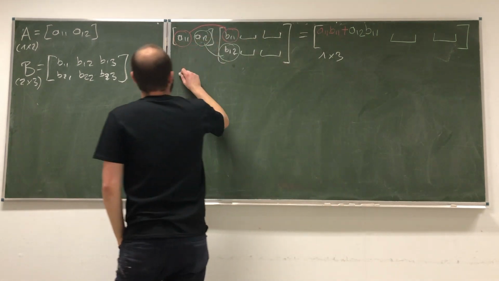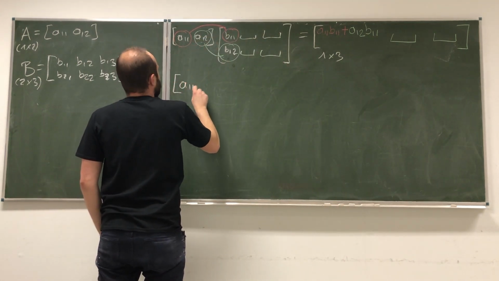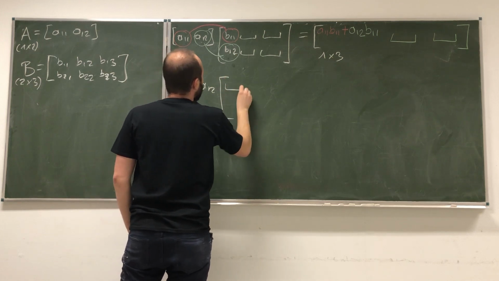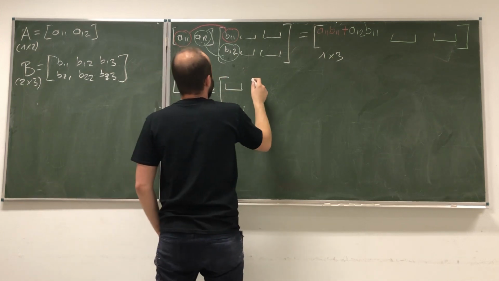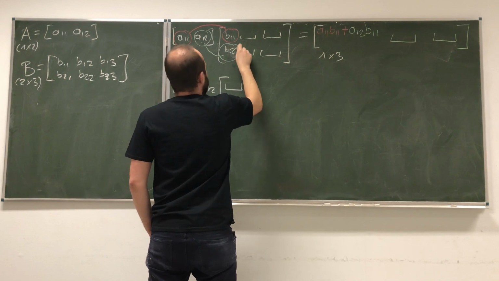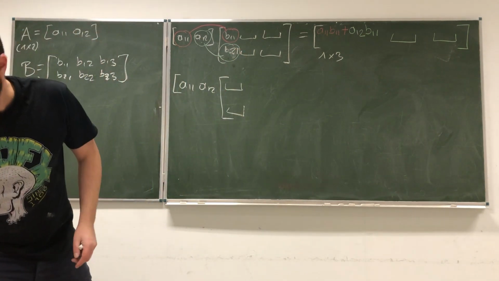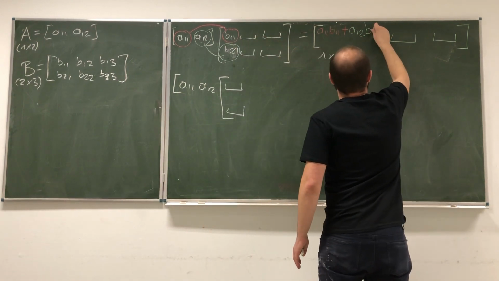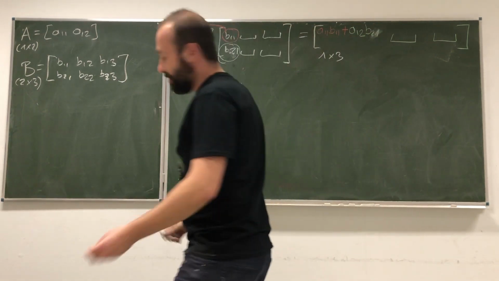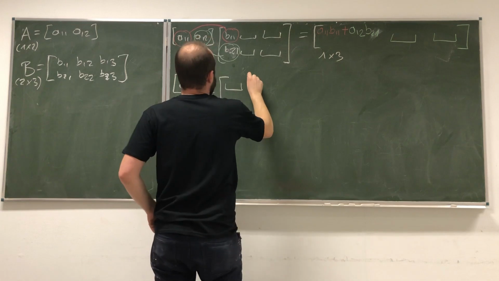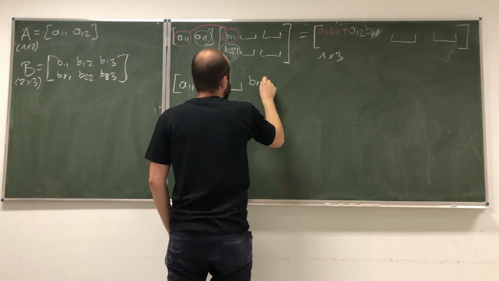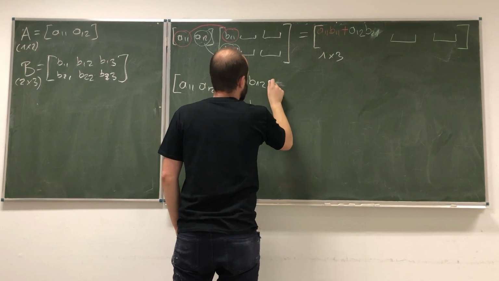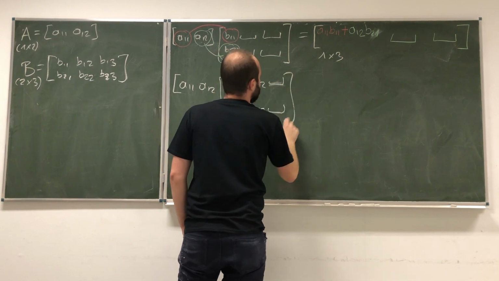But now let's say we're going to do it in steps. So now we can forget about these elements, the first column. I'm sorry, I'm making this video very late. Now we will have elements B12 and B22, and some elements over here, right?